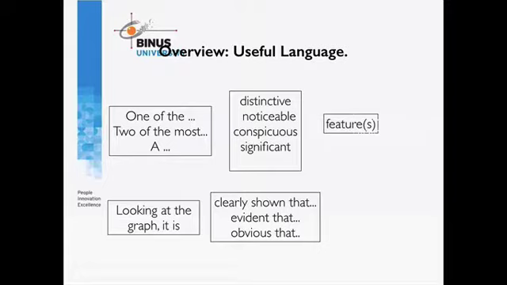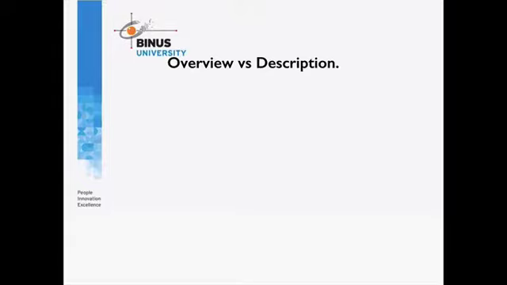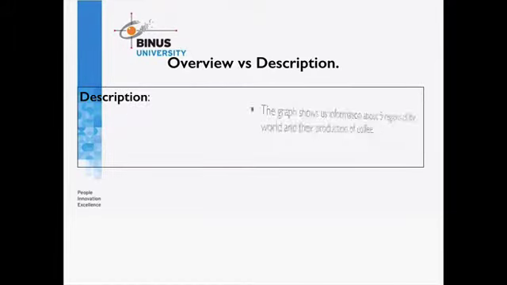describe the details. Just before I leave a discussion of the overview, though, I should point out that there is a difference between overview and description. Do not confuse them. An overview is not a description, and you need to be aware of the difference. So let me give you some examples of descriptions first.